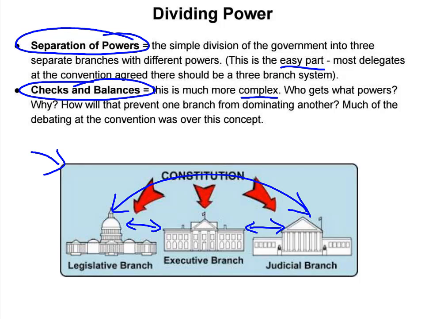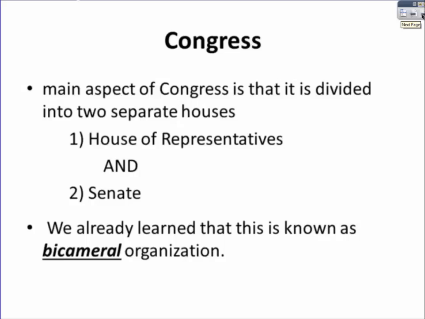And now we can get into the meat of the structure and powers of Congress, in which even Congress itself, the legislative branch, is further divided to keep a balance of power. So the main aspect of Congress is that it is divided into two separate houses, the House of Representatives and the Senate. We've already learned that this is known as bicameral organization. I've bolded, italicized, and underlined and will now circle how important that term is to know.